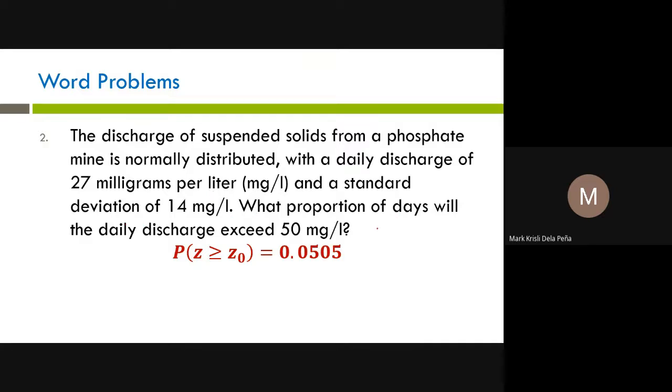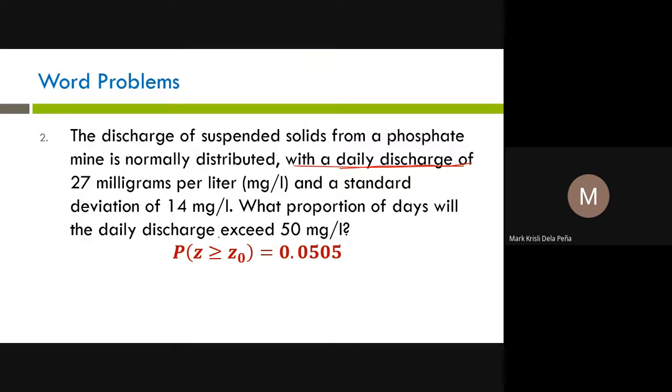So what proportion of days will the daily discharge exceed 50 milligrams per liter? Now, when we say daily discharge, we can associate it with the average discharge, right? So this will be our mu, 27 milligrams per liter, and our standard deviation, sigma, is 14 milligrams per liter.